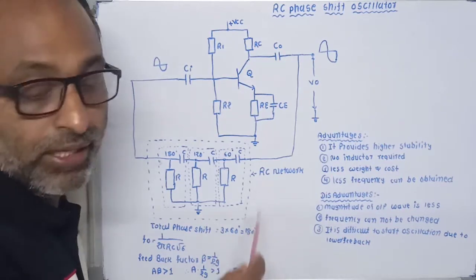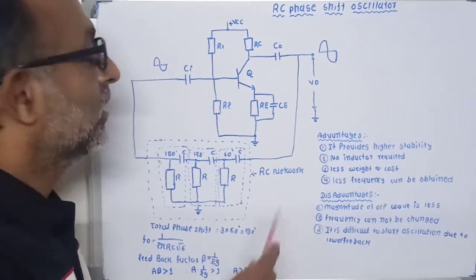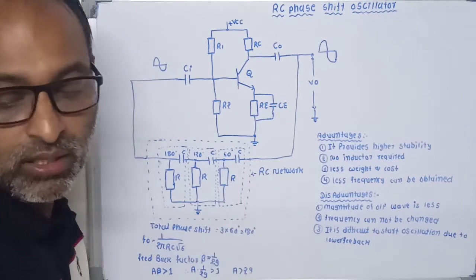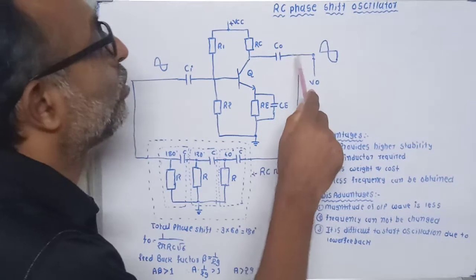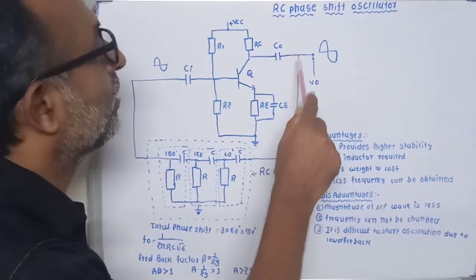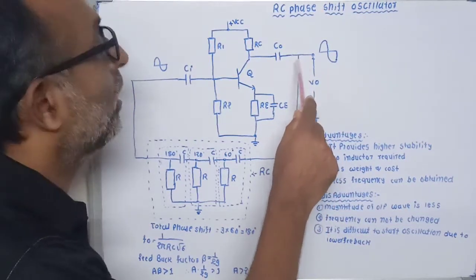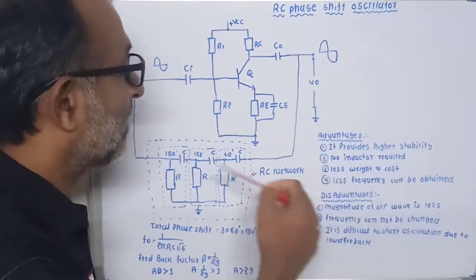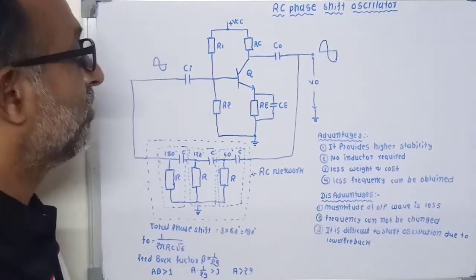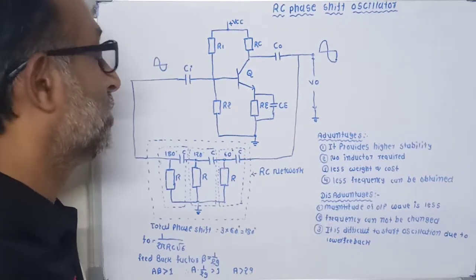Now here, three RC sections are used. The output signal is taken from the output of this amplifier, and it is given into the RC network which provides the phase displacement.